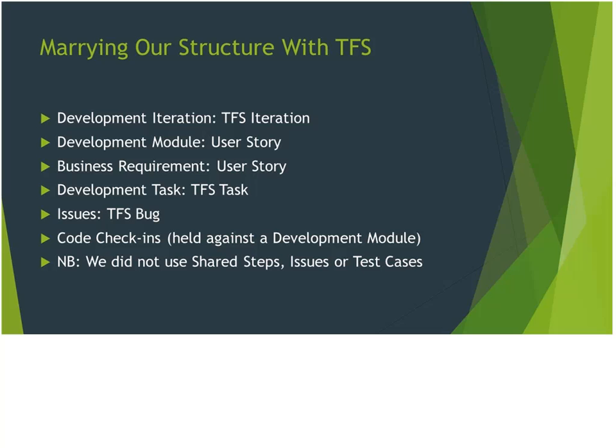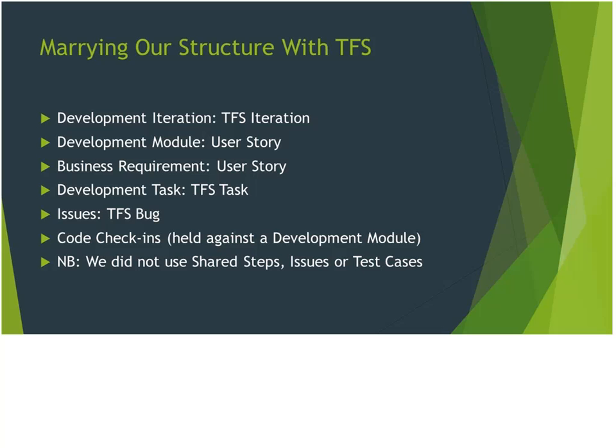So for an iteration, we just use the TFS iteration cycles, and we just configure those within the system. Configuration cycle, customization cycle, then fix 1, fix 2, fix 3, and so on and so forth. For the development modules, we use the user stories. With all these entities, there are fields that come out of the box, so some lend themselves to certain concepts better than others.